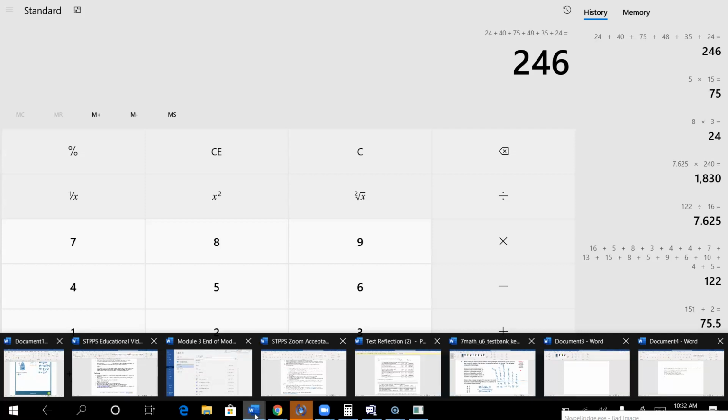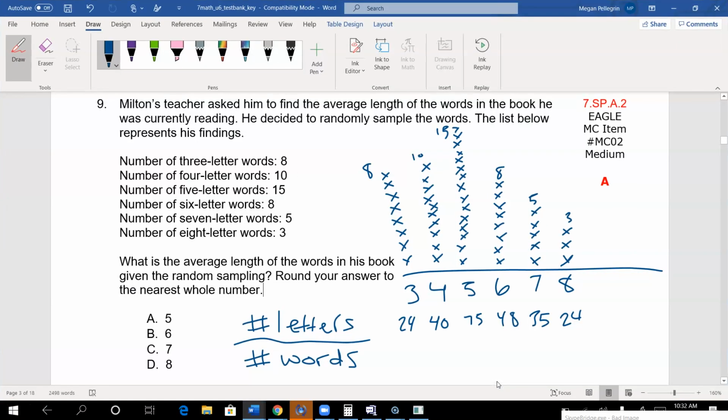Just double checking my stuff. Okay, so that's 246 out of how many words?